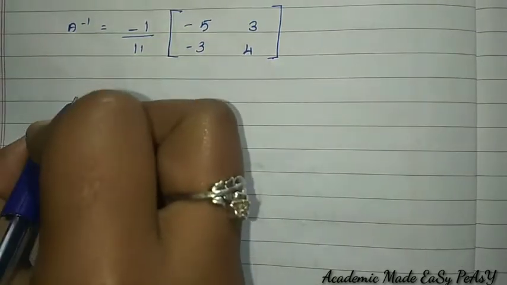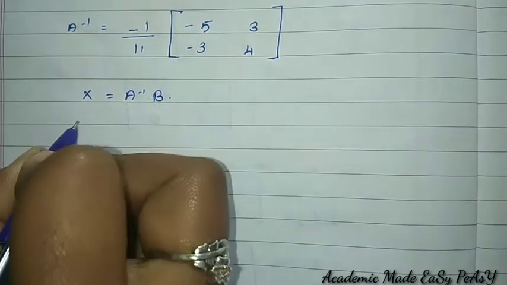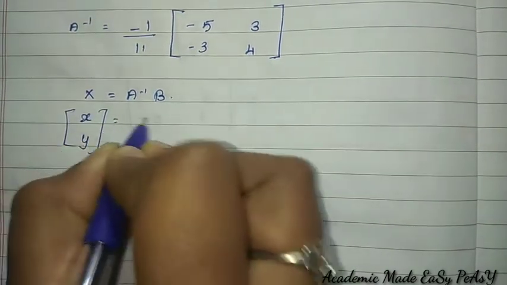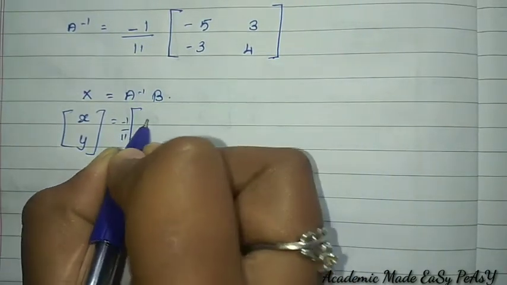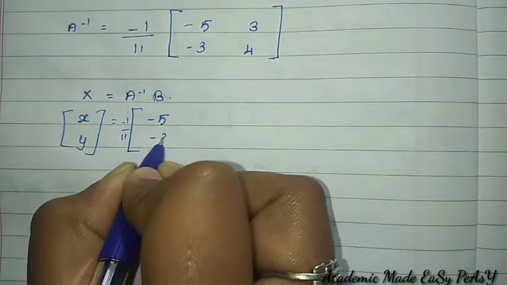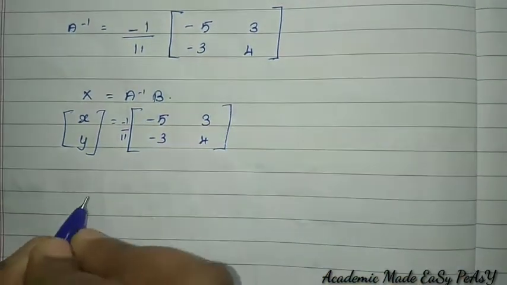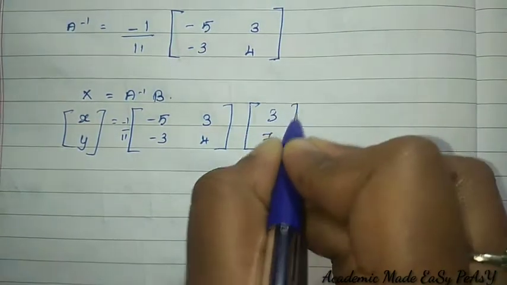Now I will be finding X. X is equal to A inverse B. So what is my X? X and y. My matrix A inverse is -1 by 11 into -5, -3, 3, 4. And my matrix B is 3 and 7.